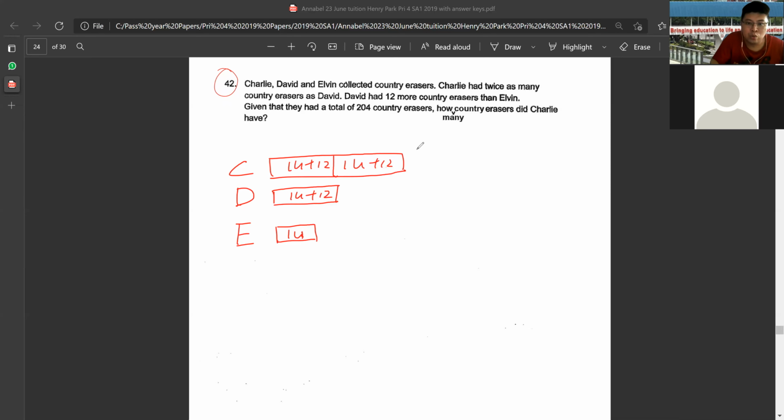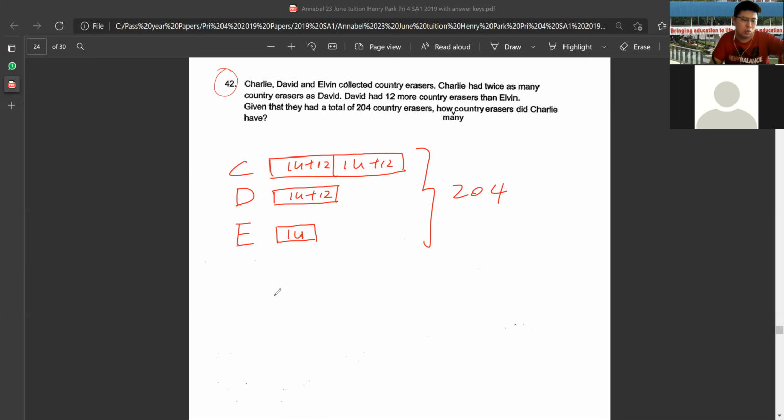Okay, they had a total of 204. You know what to do now? With the model drawing, do you know what to do? It's very obvious already. 204. 204 times 2.